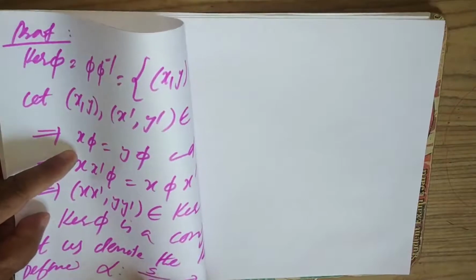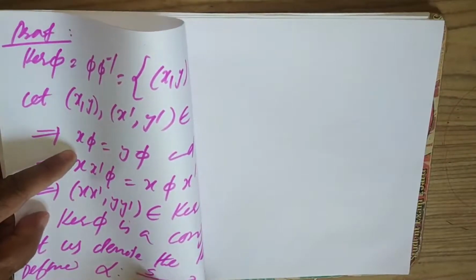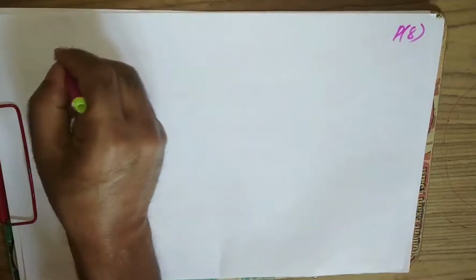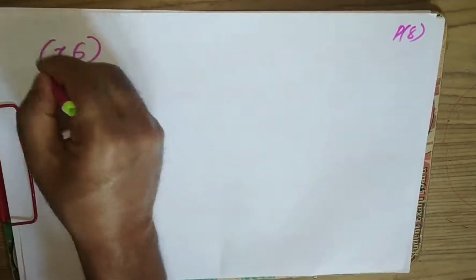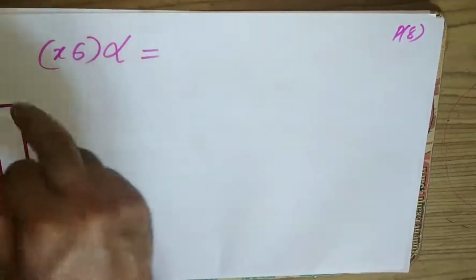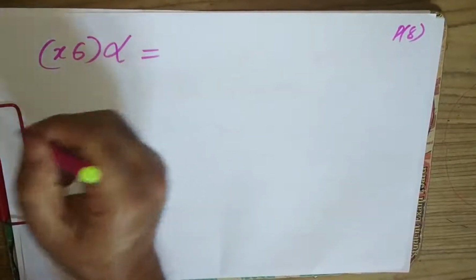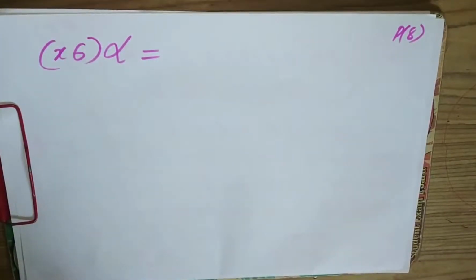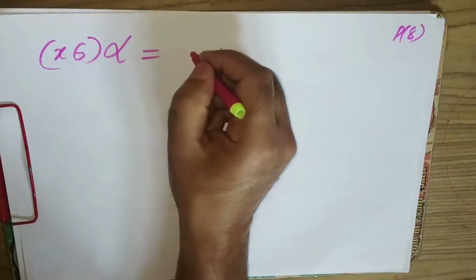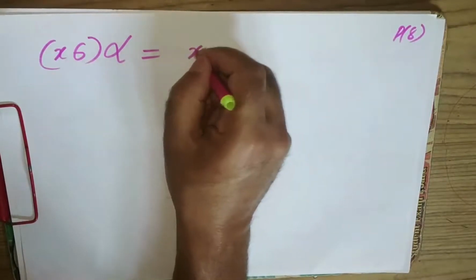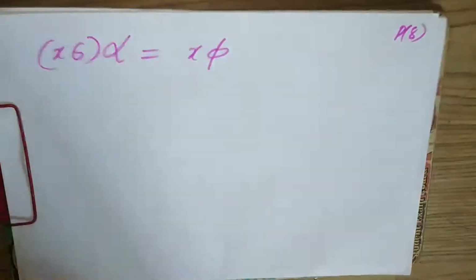They are just the sigma classes of elements of S, like x sigma. So x sigma alpha, the image of x sigma under alpha, is equal to x phi, because x phi is an element of T.